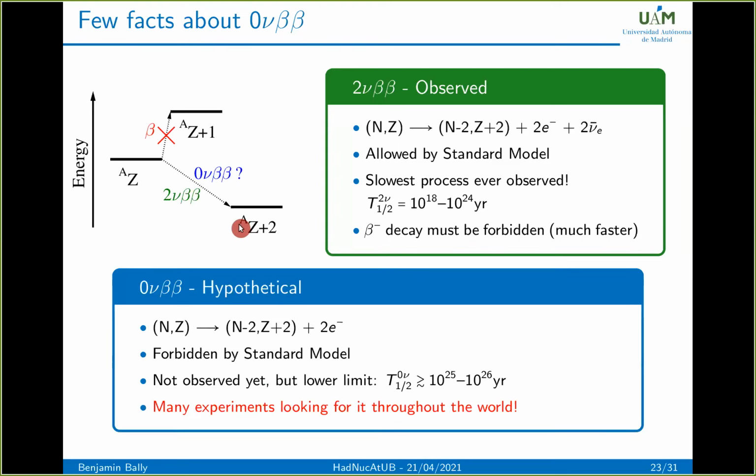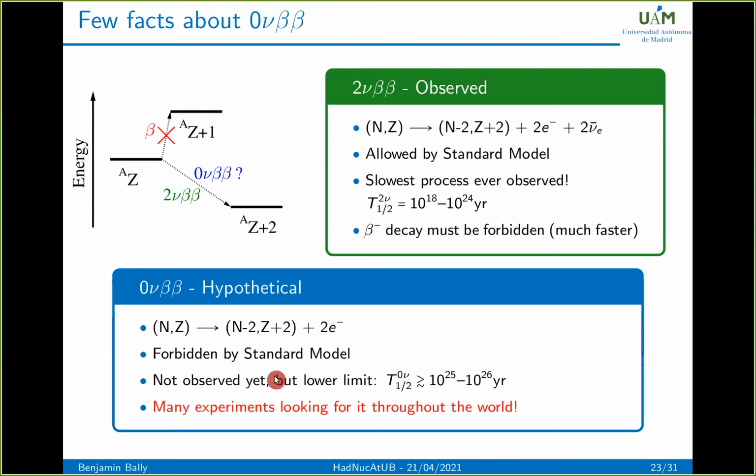And then there is a more interesting one, the neutrinoless double beta decay, that has never been observed, where you don't have these 2 neutrinos in the decay. In that case, it would mean that the neutrino is its own antiparticle, that is, it is a Majorana particle. It is a process that is forbidden by the standard model.